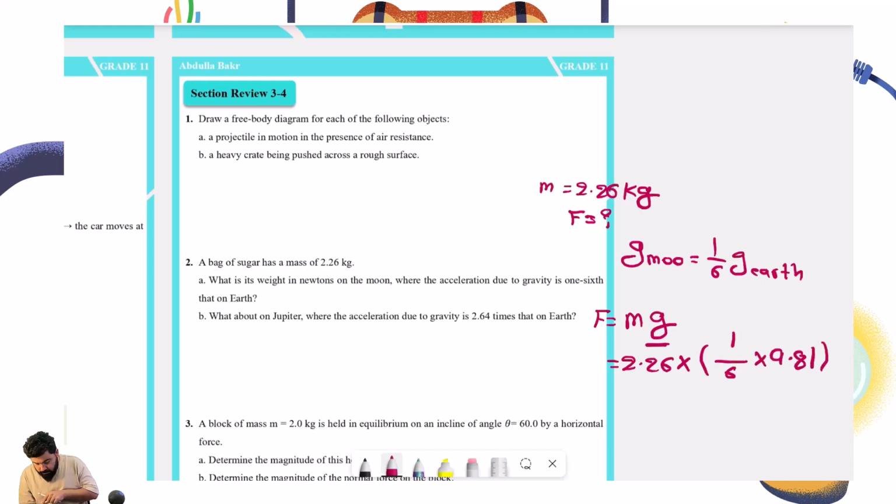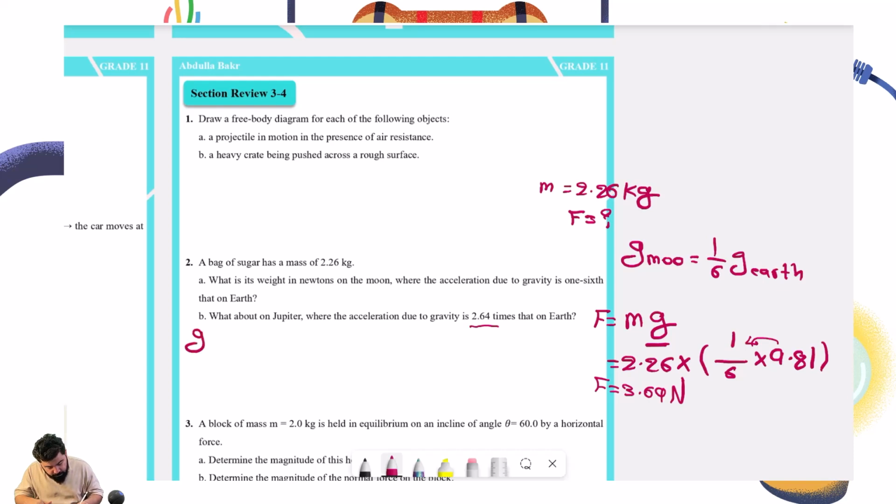So if you calculate this, 9.81 divided by 6, and then multiply this by 2.26, you're going to get 3.69. So force is equal to 3.69 Newton, or 3.7.